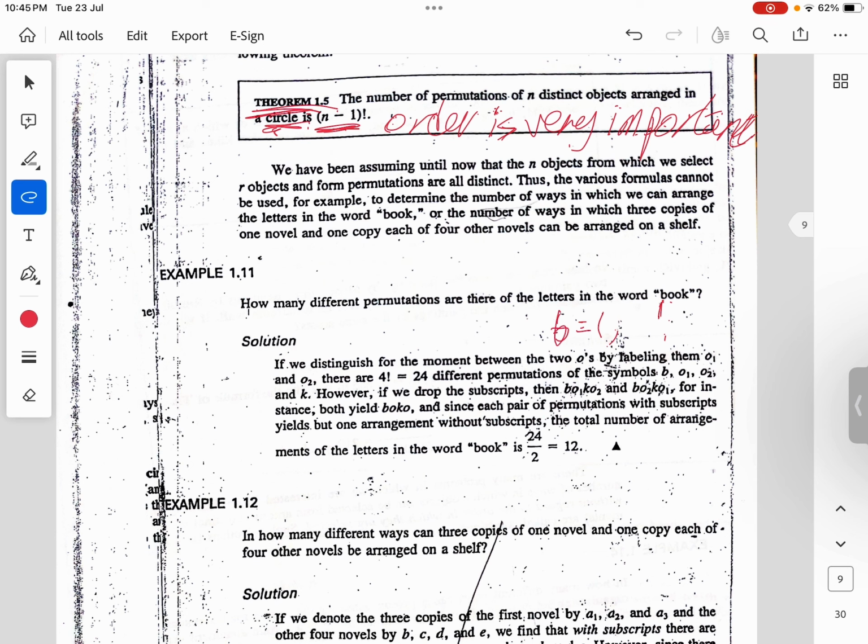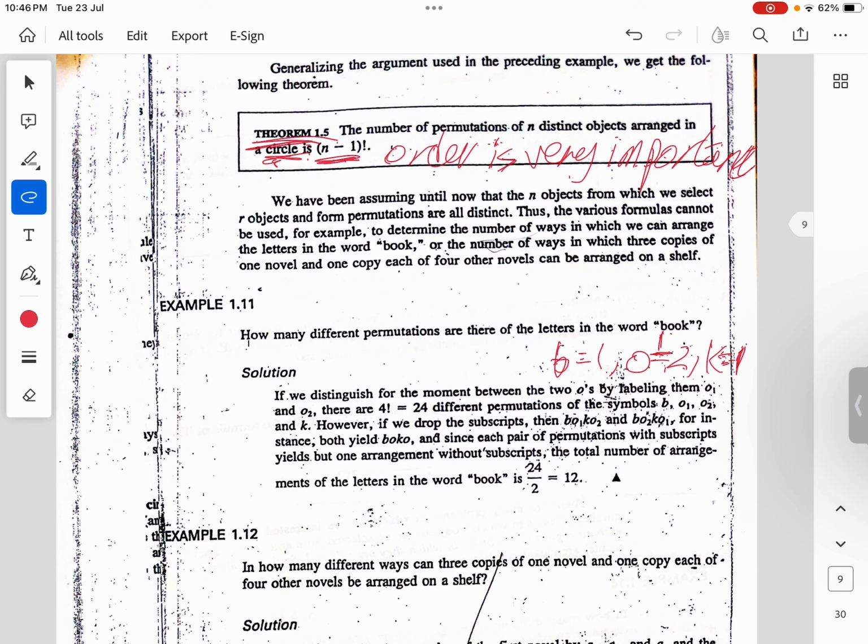O, two letters. K, one letter. You have repetition on the letter O. Then you have 4 factorial over 2 factorial.